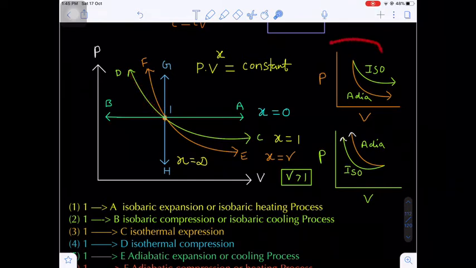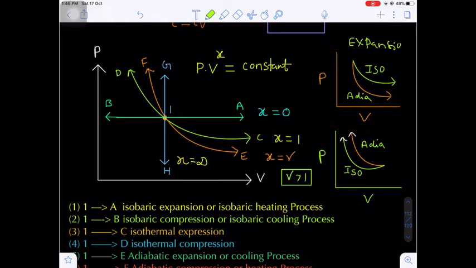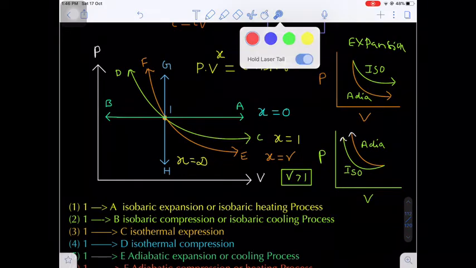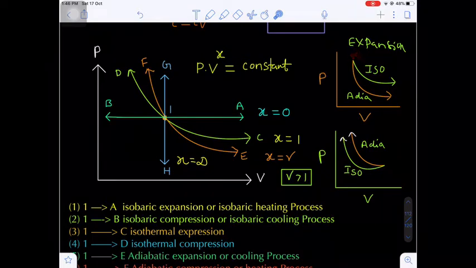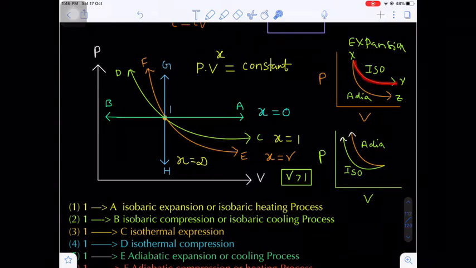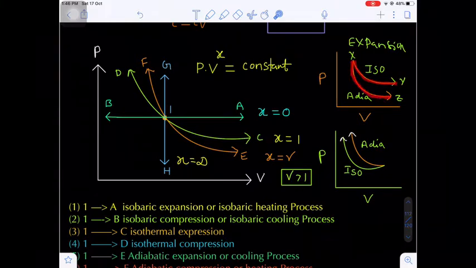That means if you see in an expansion process, expansion in the sense volume increases. Okay. Now as you move in this direction, let's suppose this is the point X, this is the point Y and this is the point Z. If you move from X to Y, this is isothermal expansion, and X to Z is adiabatic expansion.